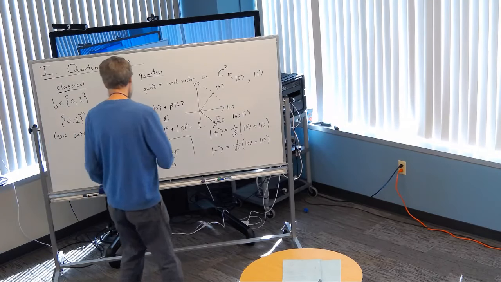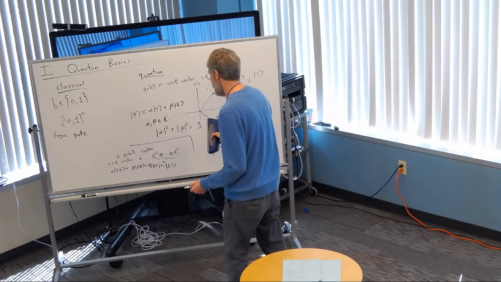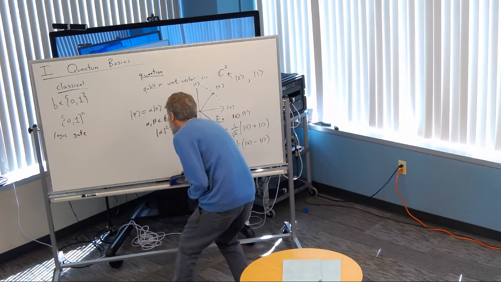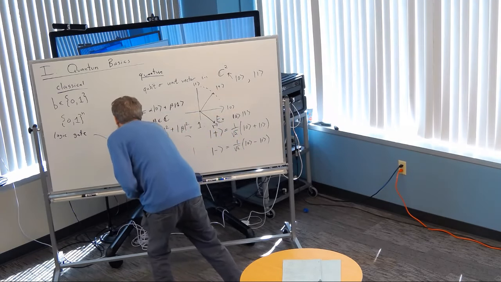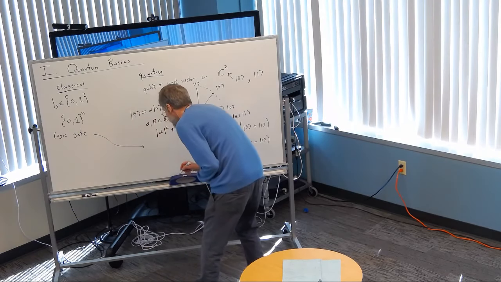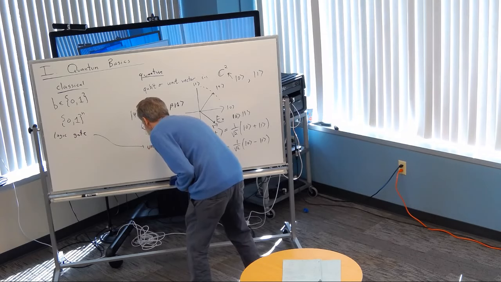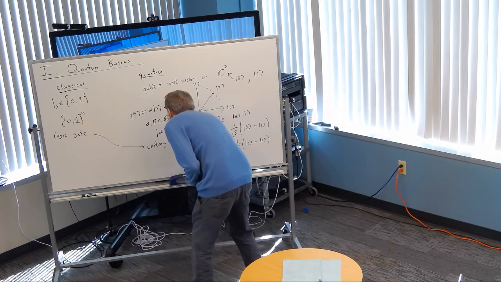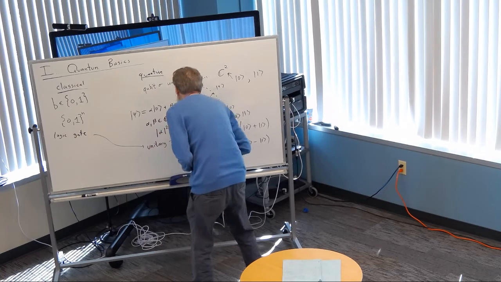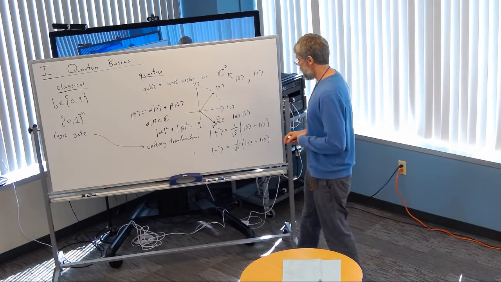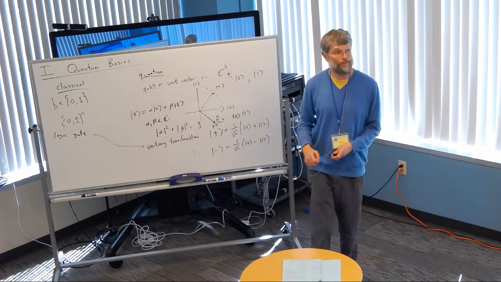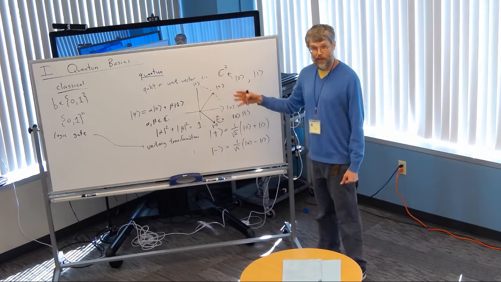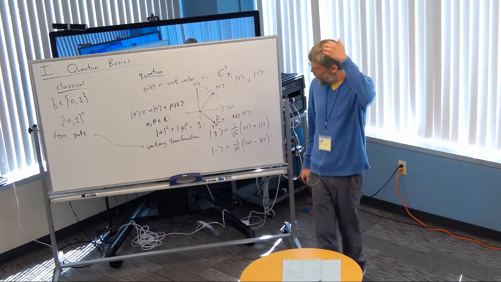So the analog of a logic gate is linear transformations, specifically unitary transformations. Those are linear transformations that preserve the length of a vector. So if you apply a unitary transformation to a quantum state, you will again have a quantum state.